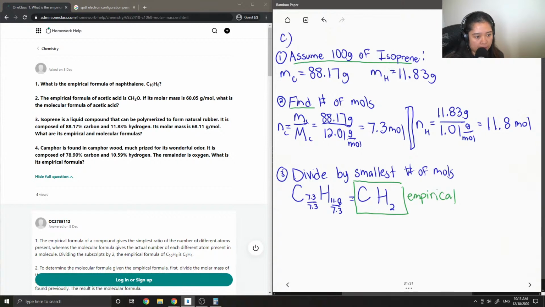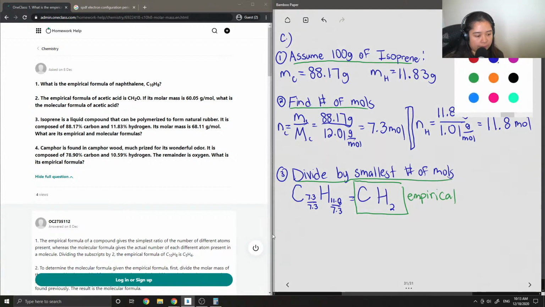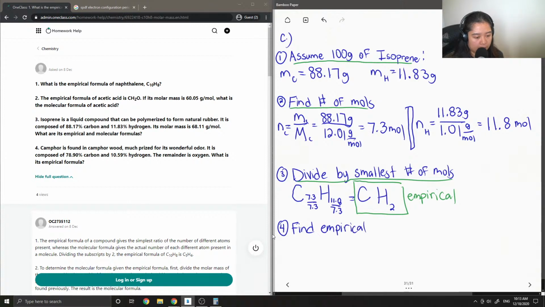Okay, so the question also asks for the molecular formula of isoprene. So this brings us to step 4, which is to just find the empirical formula mass. So now this is similar to the previous part of this question.